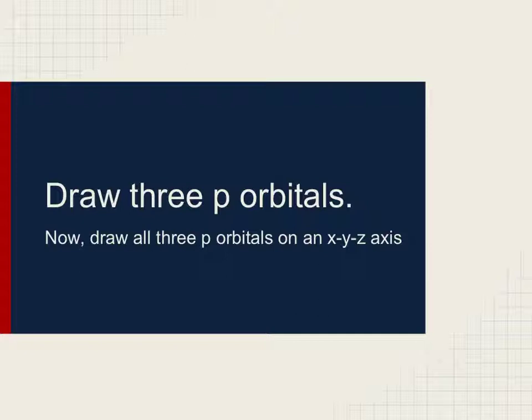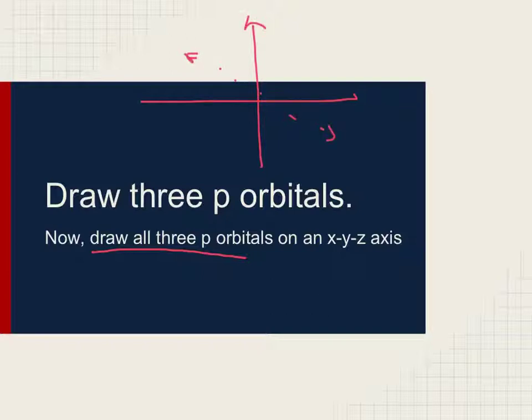Make sure to draw the p orbitals on the x-axis, the y-axis, and the z-axis. Then I'd like you to draw all 3 p orbitals on a single xyz axis. And it would probably be helpful while drawing your orbitals to also draw your coordinate plane. Okay, so take some time to do that, please.